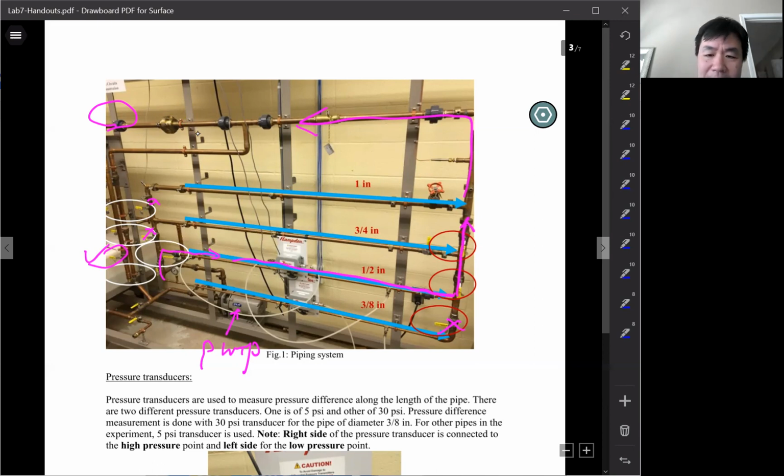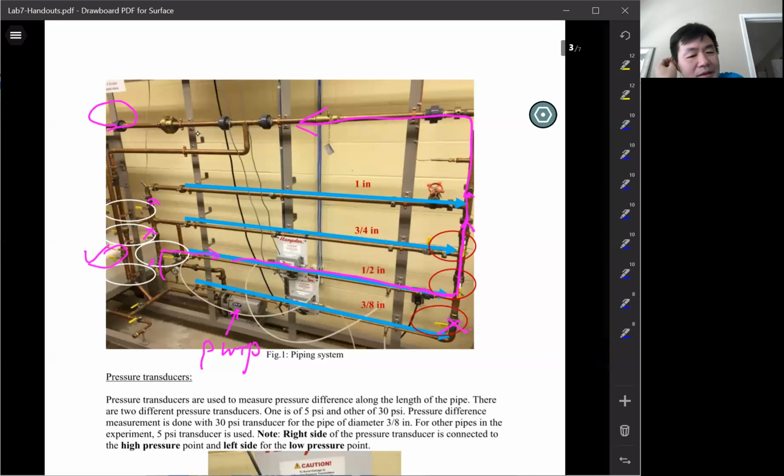This is just an example. If you want to measure the 1/2 inch, you set up like this. If you want to measure the bottom one, the smallest pipe, you have to close this left valve and keep this one open. That's how to set up the flow.